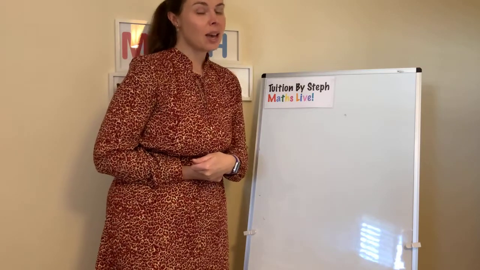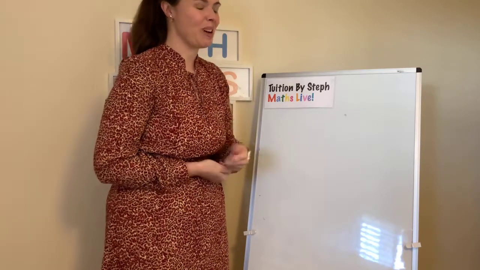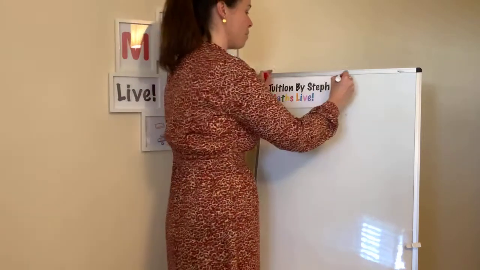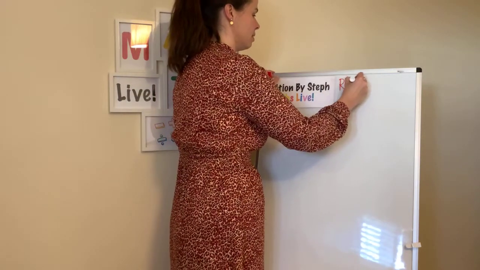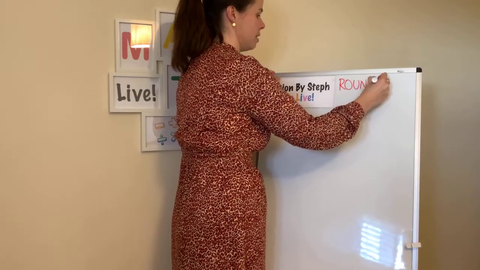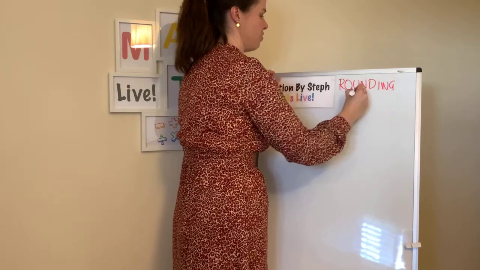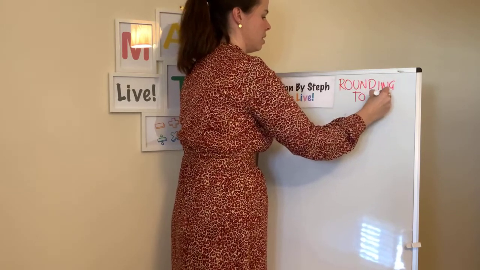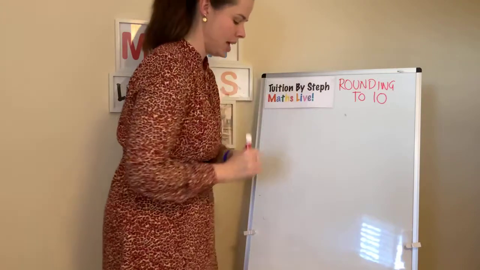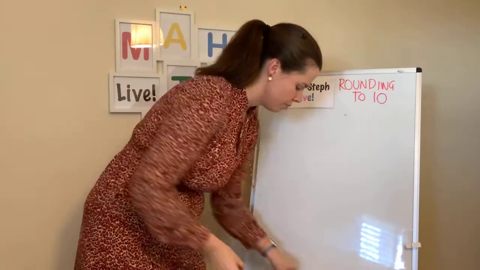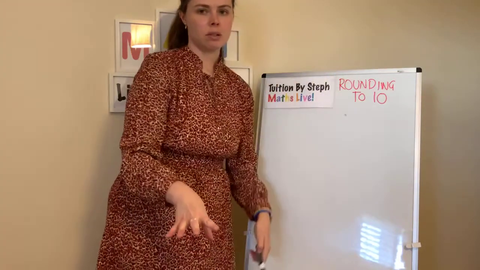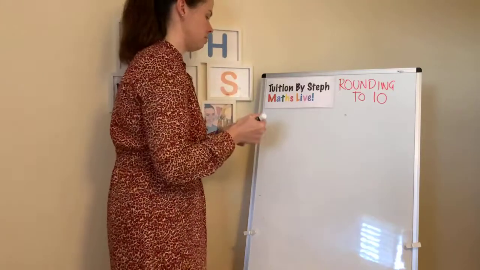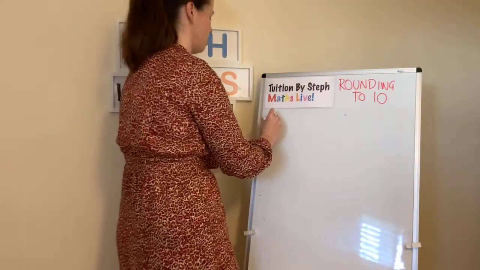It is, but it isn't. So that'll be a good one to look at. But today we're rounding to 10, and we've just seen there how to round to 50, which might give us a little bit of a hint. So let's start with 2-digit numbers. 47.